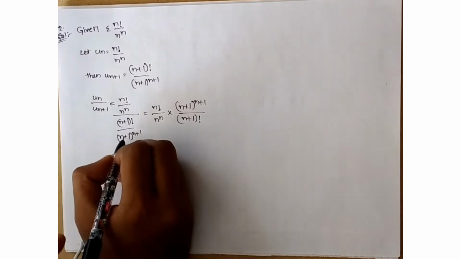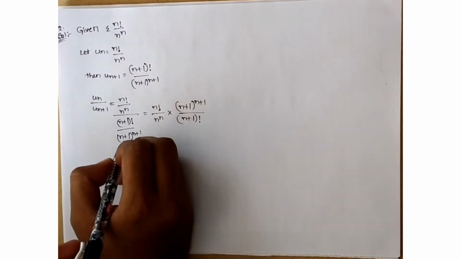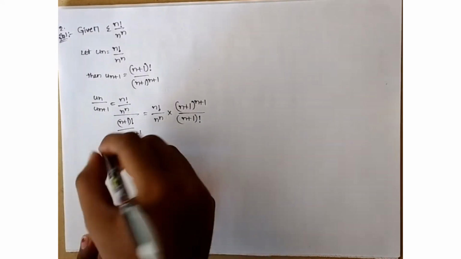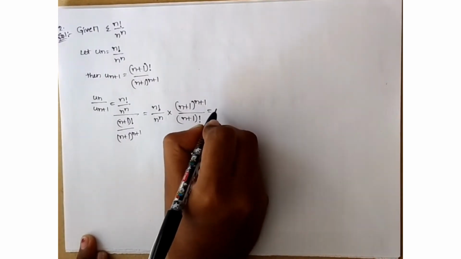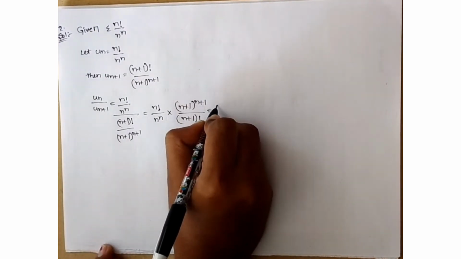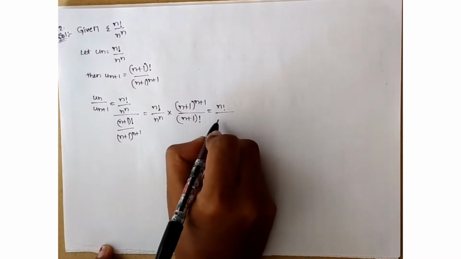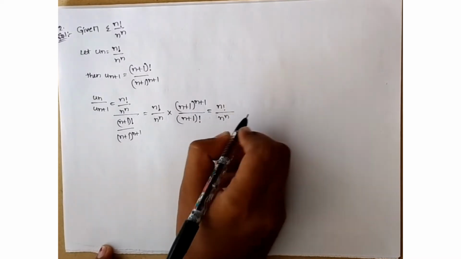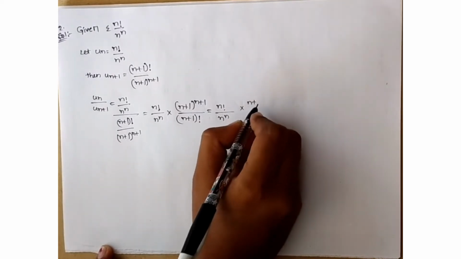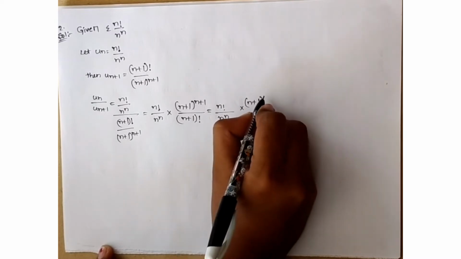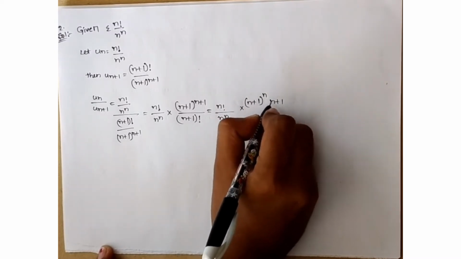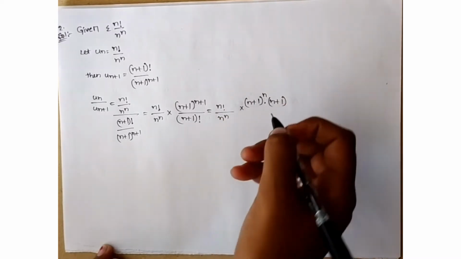If the divisor is taken to the numerator, it will be reversed. Then that equals n factorial divided by n power n, into n plus 1 whole power n plus 1, where we write it as n plus 1 into n plus 1 whole power n.